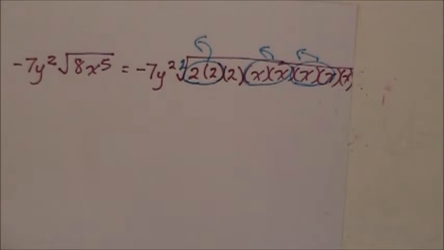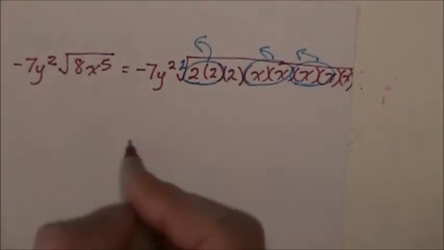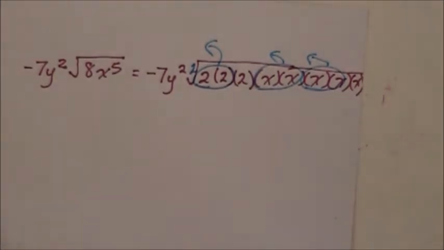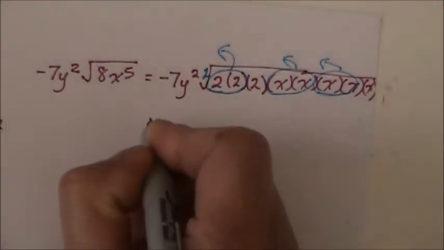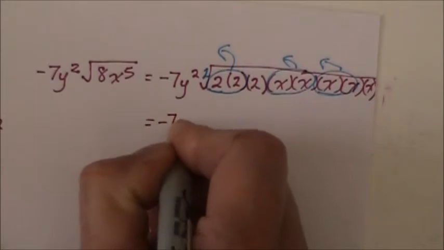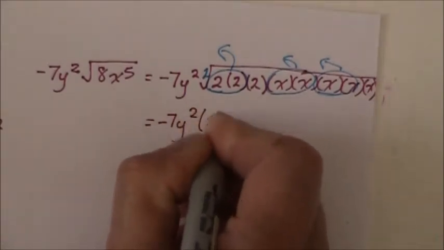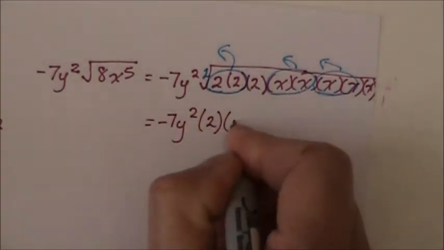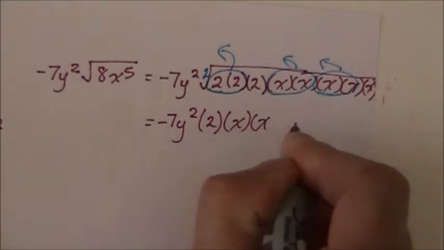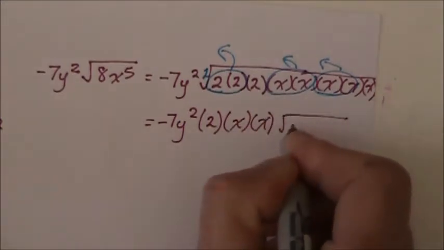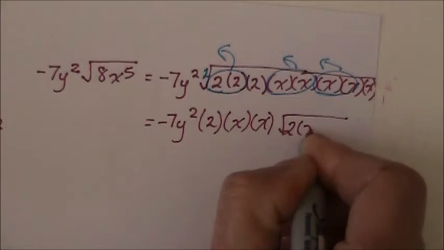It has nobody to go with. The 2 and the x's are going to join the negative 7 that was out front. So as we go to look at that, we have negative 7y squared times 2 times x, and under the radical sign we still have 2 times x.